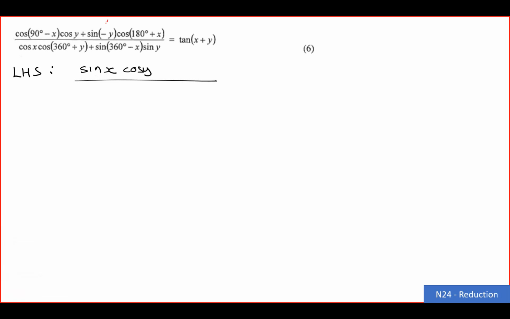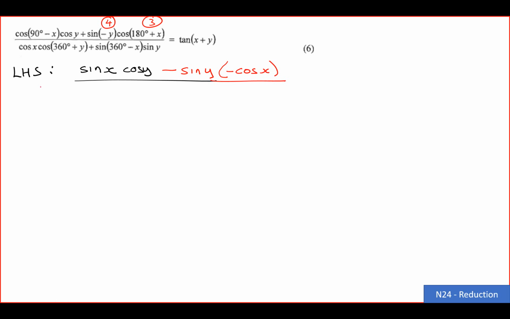And if you have a minus y, remember that's in the fourth quadrant, which means sine in the fourth quadrant is negative, and there we get our minus sine y. Then we've got a cos of 180 plus x, that's the third quadrant. Cos is negative in the third quadrant, so we're going to have a negative sign: minus cos x.